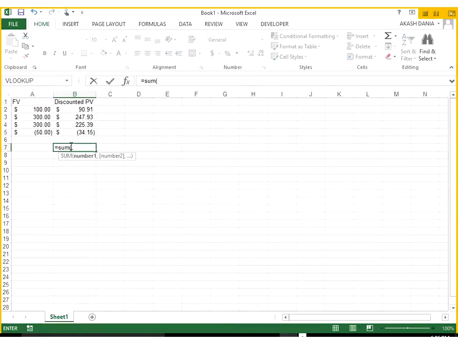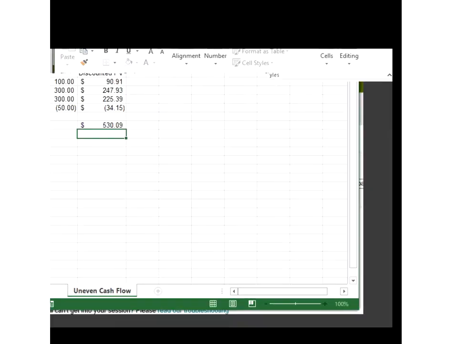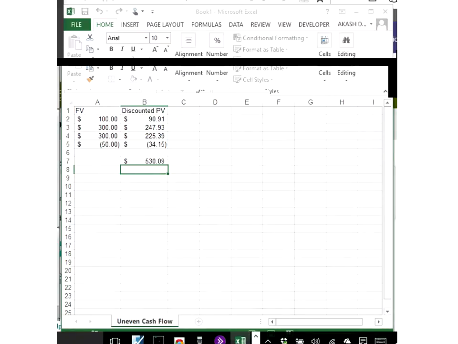And again, I'll share this Excel sheet once we are done. You add all these streams of revenues in today's funds, and that'll be $530.09. So I can just name it the uneven cash flow example.